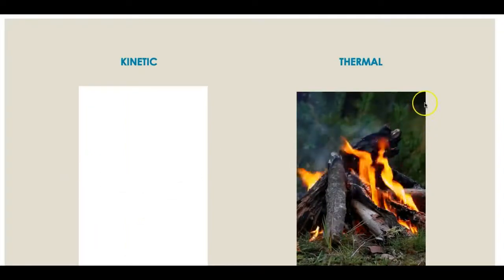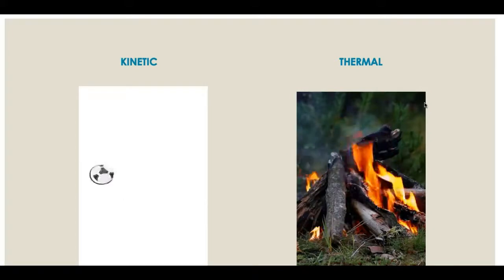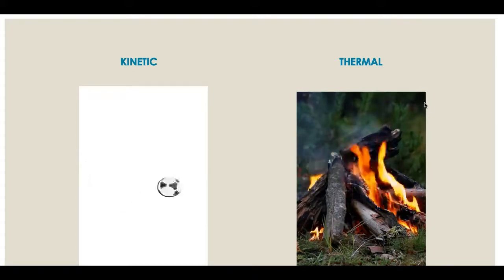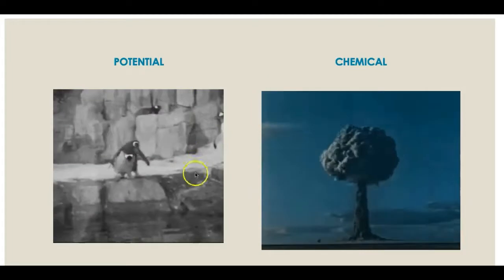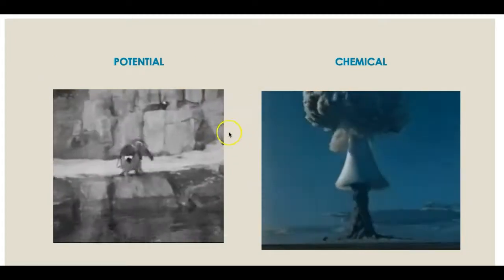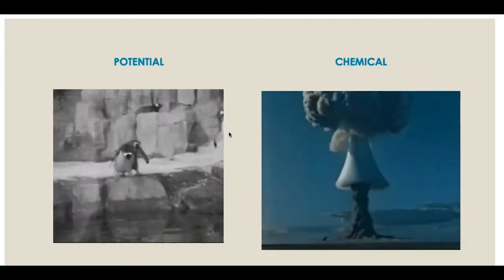Here I've inserted some GIFs for you to understand more about the energy involved. For kinetic energy, it has to do with motion. For thermal energy, it has to do with the production of heat. The potential energy is the energy possessed by a matter.